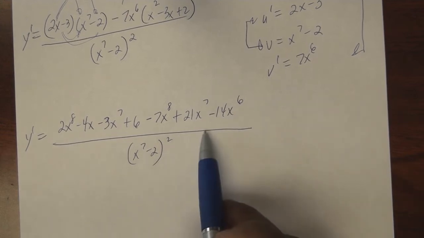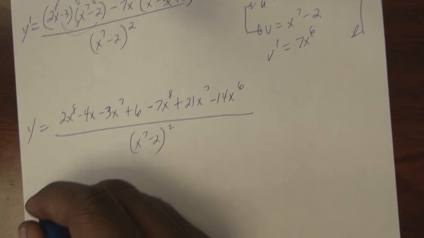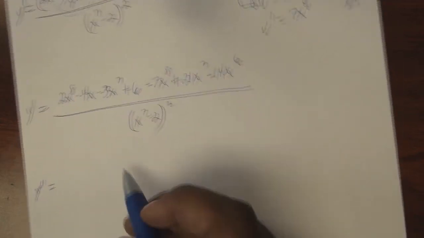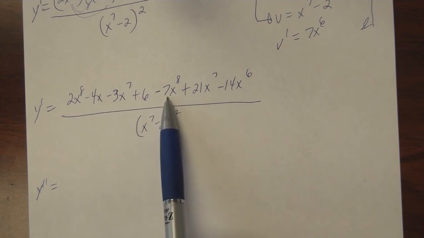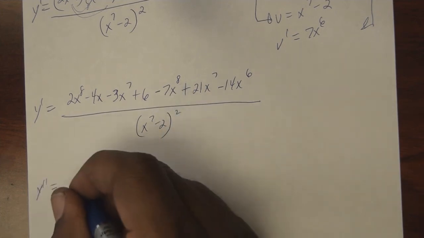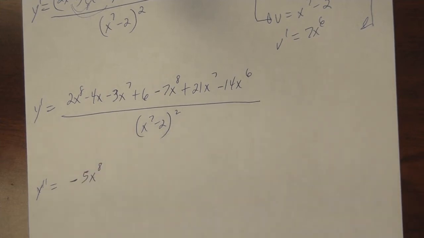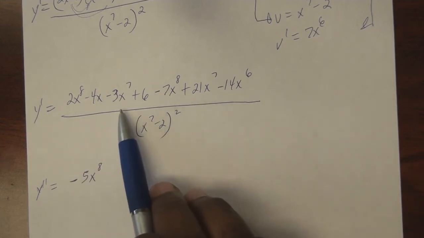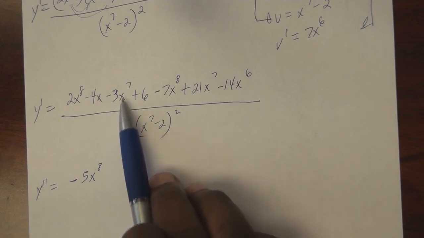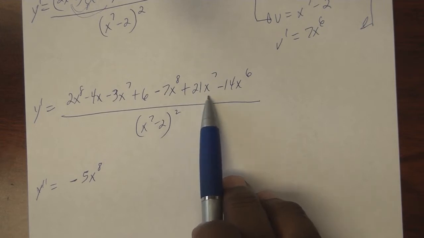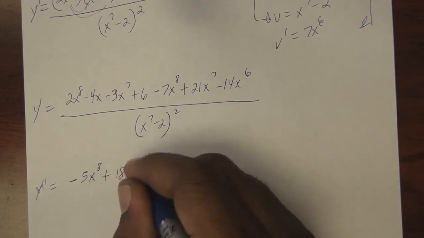We'll further simplify the numerator. We'll simply combine like terms. So we have 2x to the 8th minus 7x to the 8th, which gives us negative 5x to the 8th. We have two 7th degree terms, negative 3x to the 7th plus 21x to the 7th is a positive 18x to the 7th.